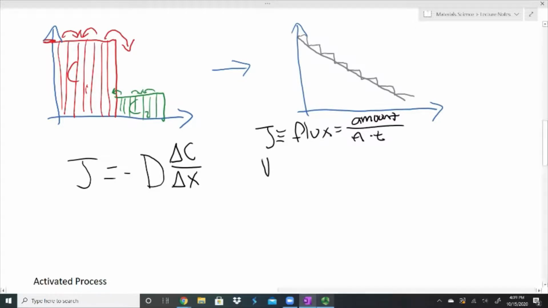I have D, and D is, well, first it's my diffusion coefficient or my diffusivity. And what the diffusivity is, it is an area over time.